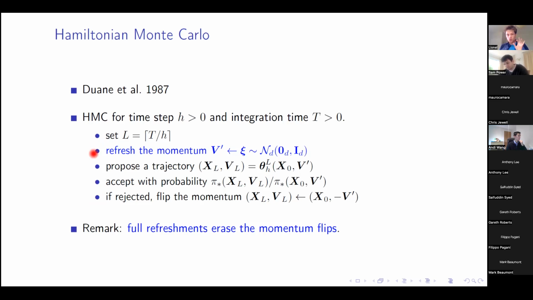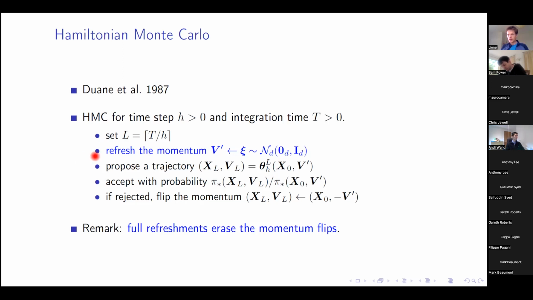But here I want to illustrate something, which is that you can see the HMC kernel as a composition of two kernels that both preserve pi star. The first one is a full refreshment of the velocity, and x does not move. Since pi star is marginally distributed according to a Gaussian distribution for the velocity, this kernel leaves pi star invariant.